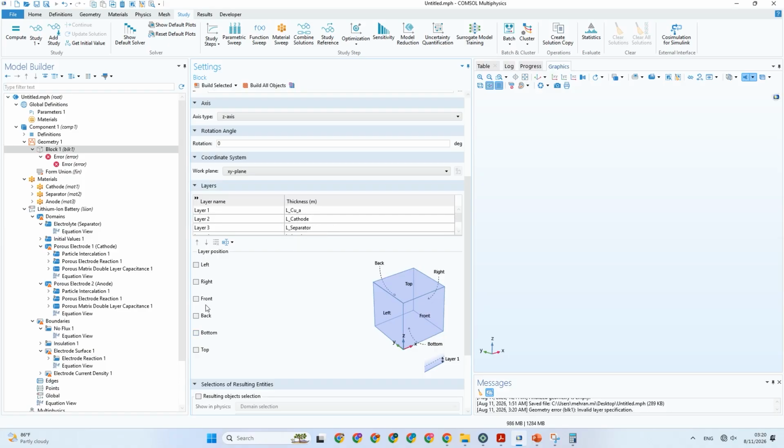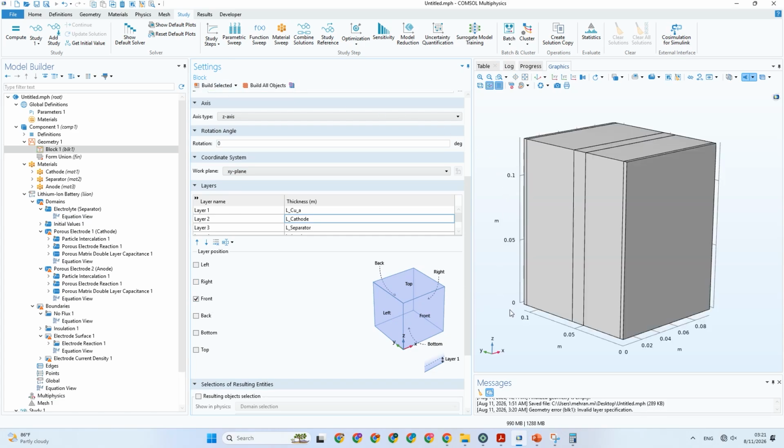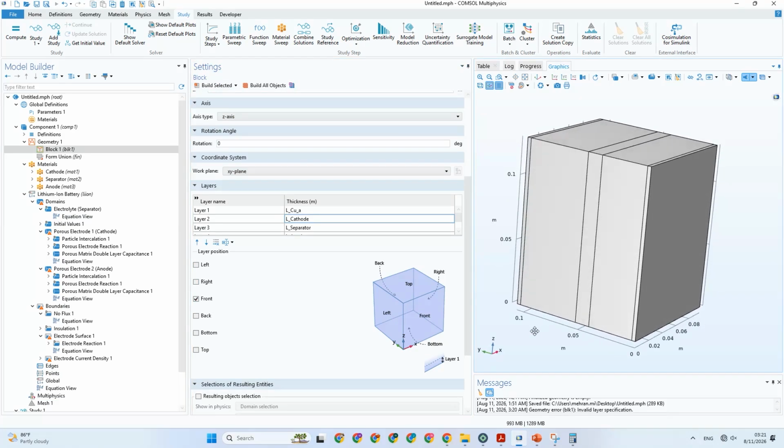From the right, from the left. Or maybe it must be from front. Must be from front. Nice. And now we can see this is the first maybe is cathode positive.